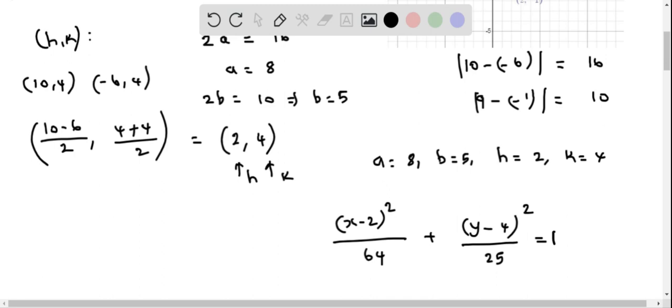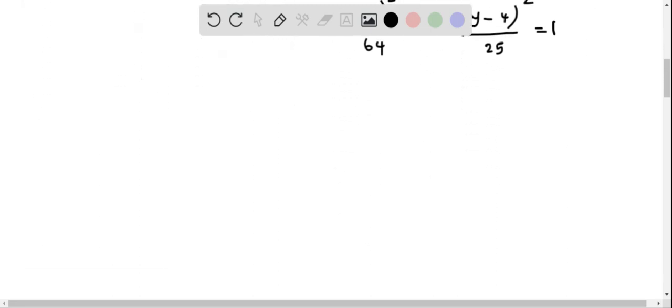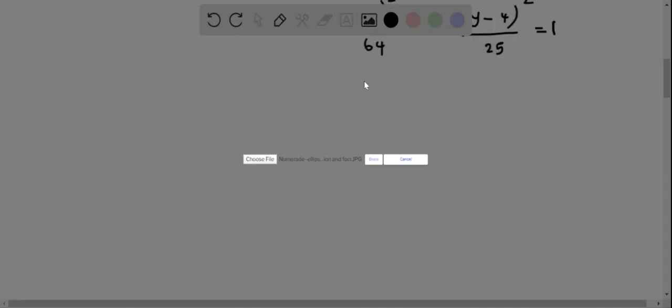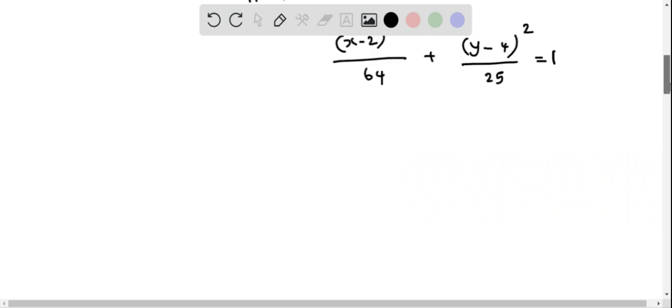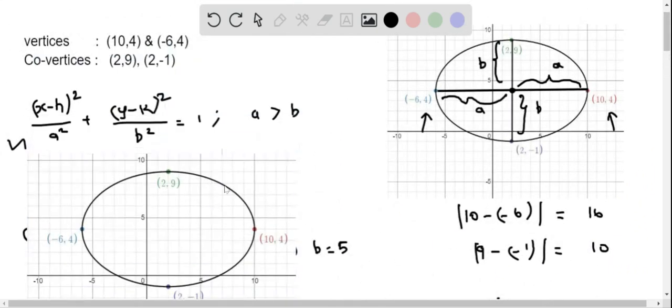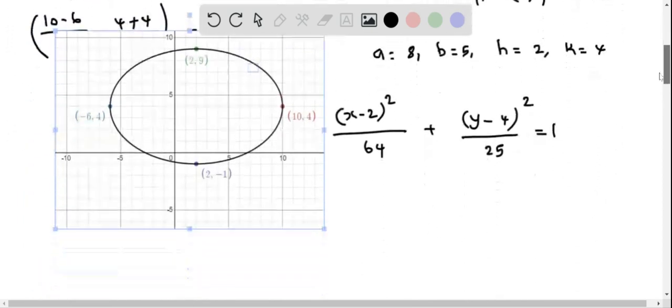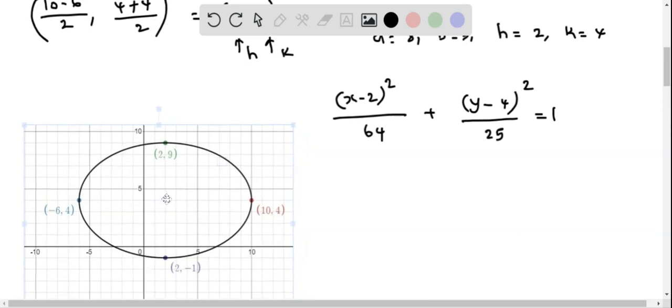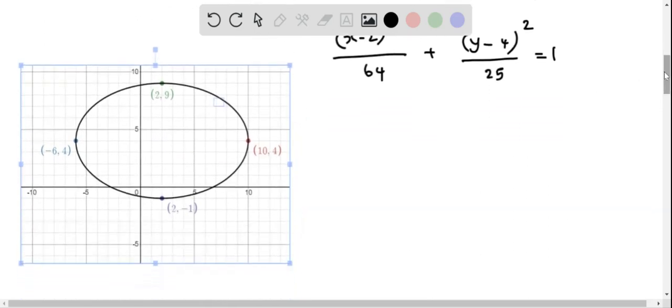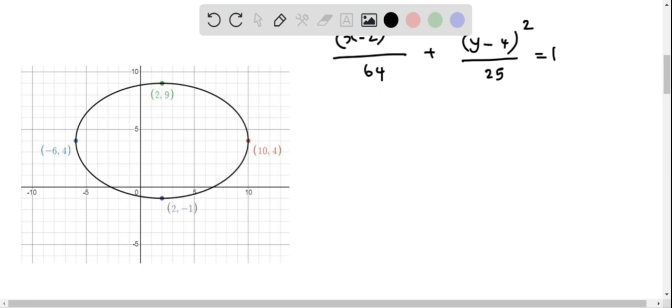We now determine the foci. So for this, let me put the diagram one more time. Okay. So the foci are basically, if we consider this as the center, a point on the semi-major axis.